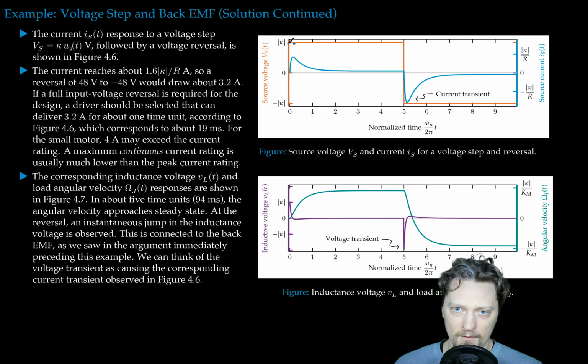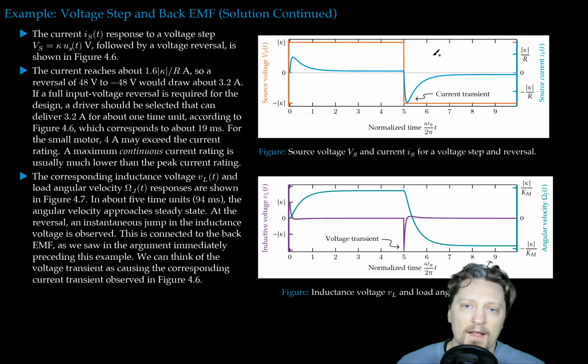We have the source voltage step and then reversal. We see a current transient in the step that started from 0, and then the reversal is the more extreme situation where we have a current transient that's twice as big here.